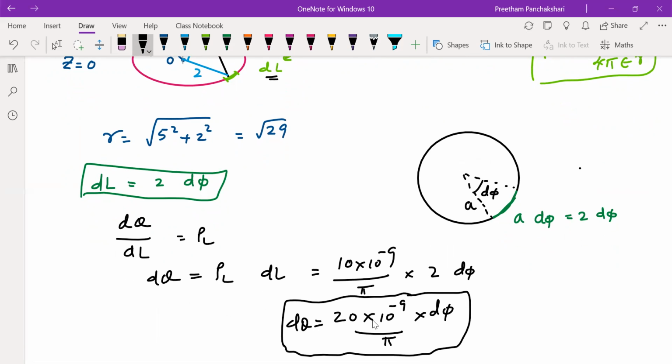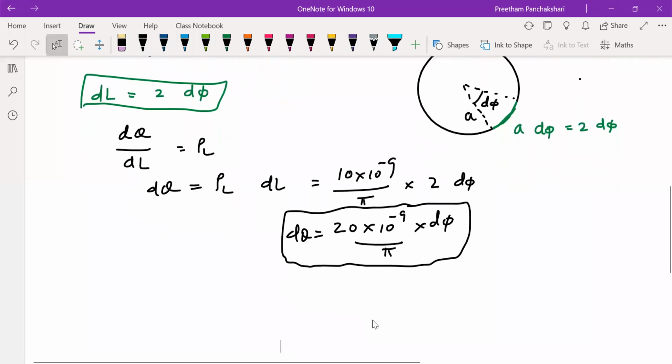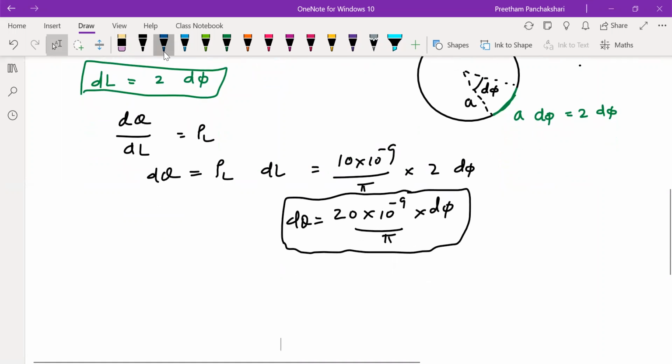This charge can be assumed as a point charge. So let us find the potential at (0, 0, 5).